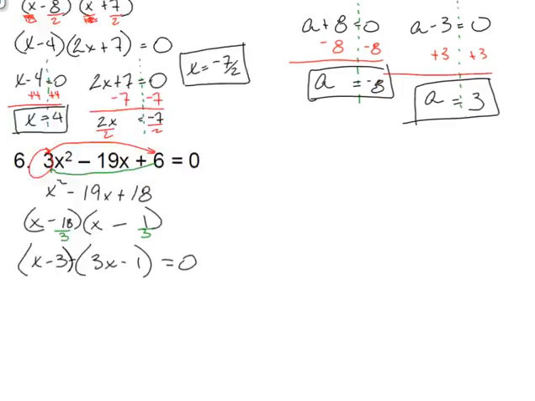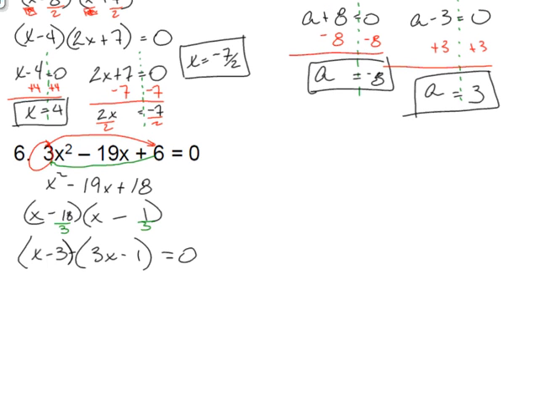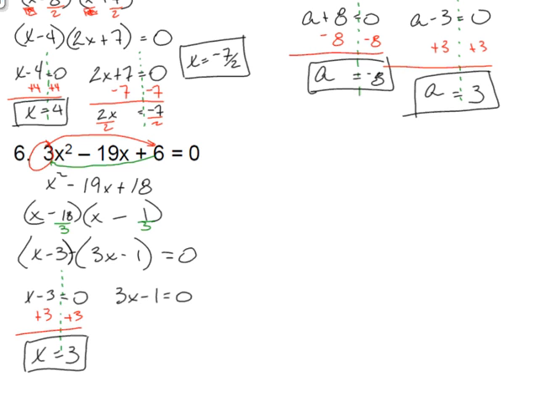It's now been factored. I set each factor equal to 0, so x minus 3 is equal to 0, 3x minus 1 is equal to 0. Separate. Add 3 to both sides, and I come up with x is equal to 3 is one solution. Here, separate.